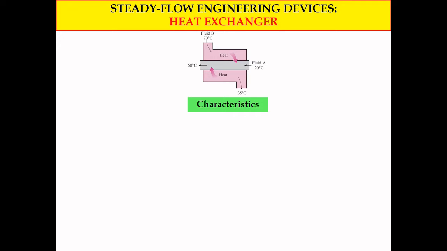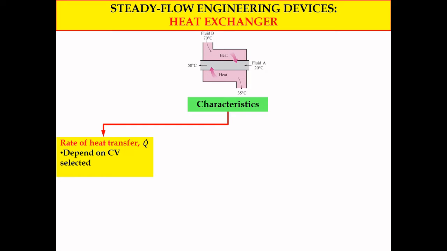Now we discuss the characteristics of the heat exchanger for the steady flow process. This is the simple schematic diagram to describe the heat exchanger, which we already discussed in the previous slide. In terms of energy transfer characteristics, the rate of heat transfer, Q dot, depends on the control volume selected.